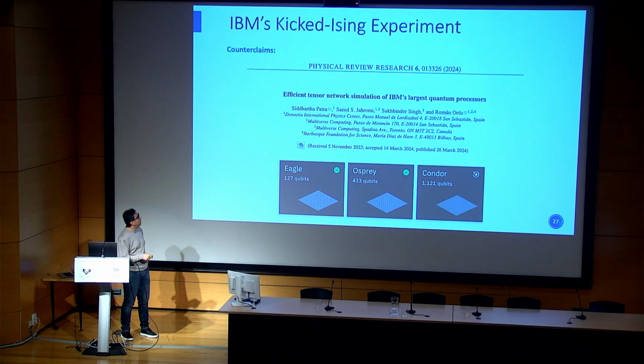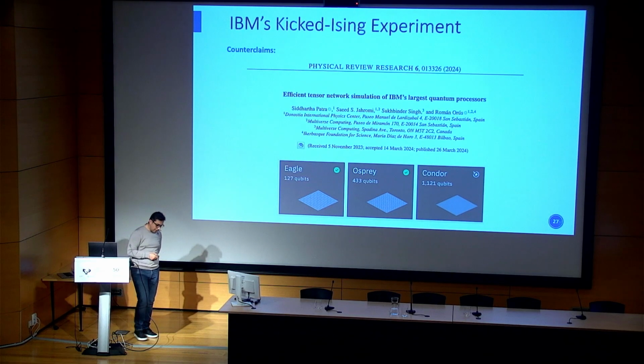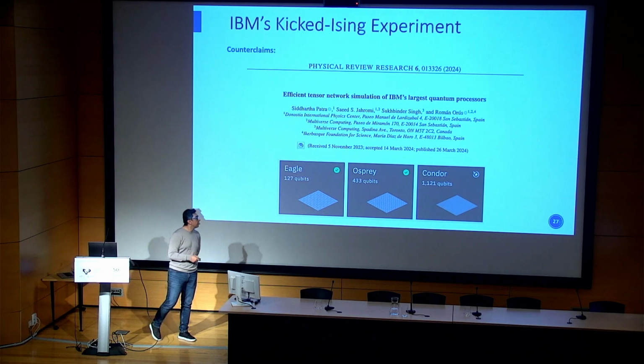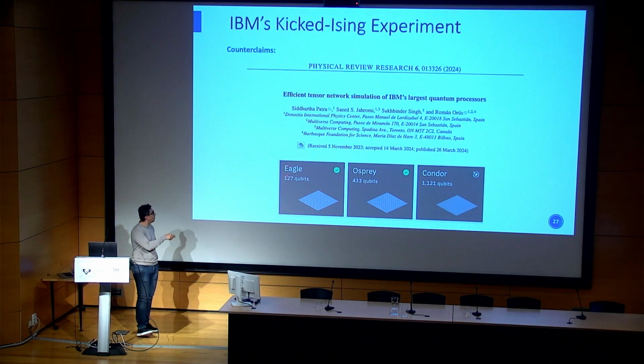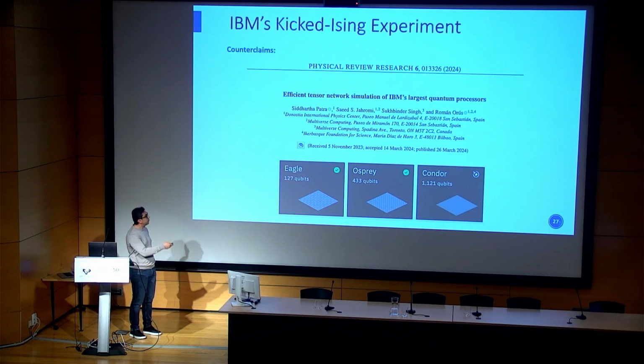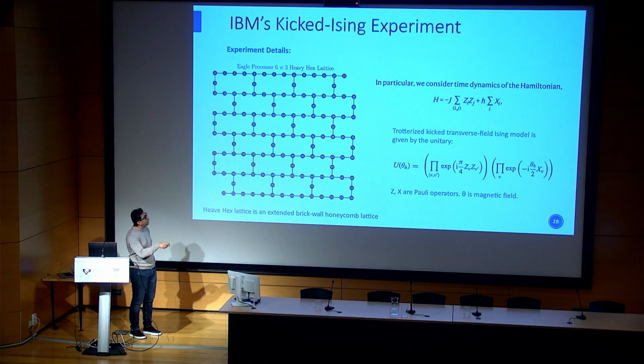This is actually one of the things that we used to simulate the IBM experiment, in which they showed evidence of quantum supremacy on their Eagle processor, which has 127 qubits. They simulated the dynamics of the transverse field Ising model on this lattice with this connectivity. This is called the heavy hexagon, the lattice that represents the Eagle processor.